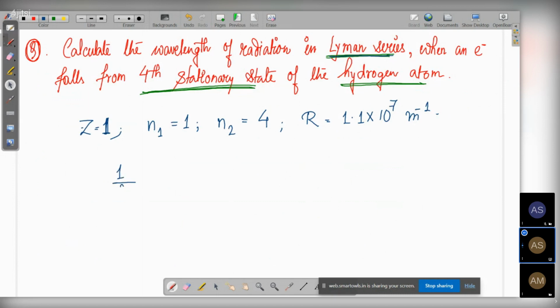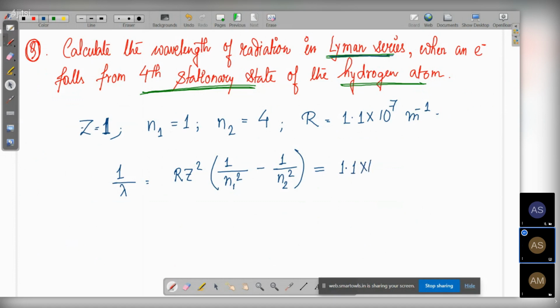So 1 by lambda is equal to, let me write down the formula for it. The formula was R Z square into 1 by n1 square minus 1 by n2 square. Just put down the values.